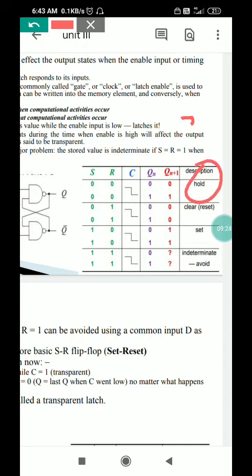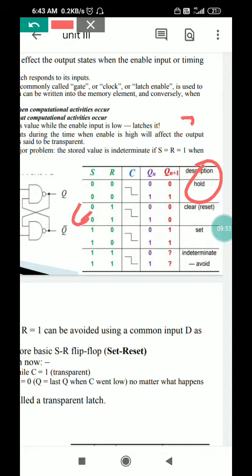In the second case, in the S and R columns, S is 0, R is 1. The falling edge is the position of the clock, and let us consider Qn was 0. Then Qn plus 1 will also be 0. Now take another condition where S and R are 0 1 respectively.